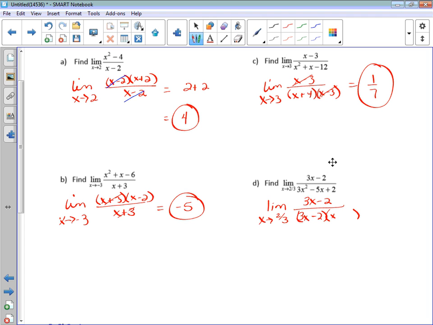X minus 1. Okay? Your 3x minus 2's cancel. So, when you plug in 2/3, what do you get? We struggle with that. Is that the hardest part? 1 over 2/3 minus 1. So that's 1 over -1/3. What does that actually equal? -3, yeah.